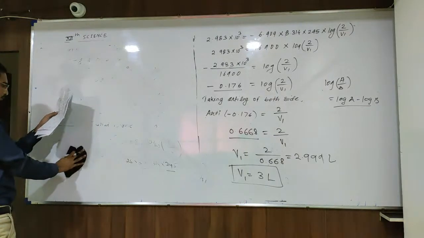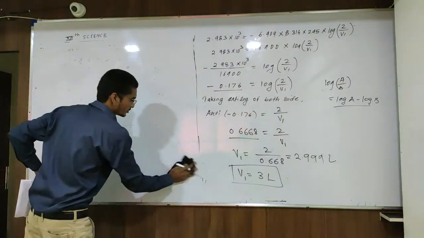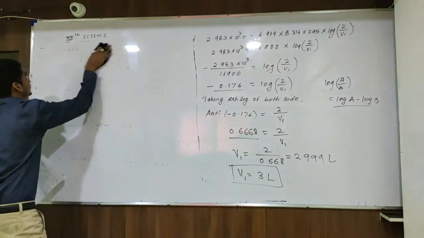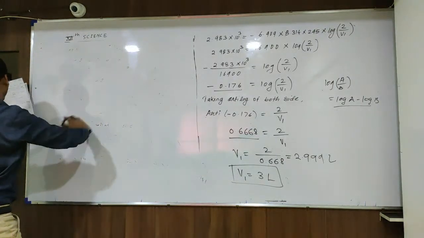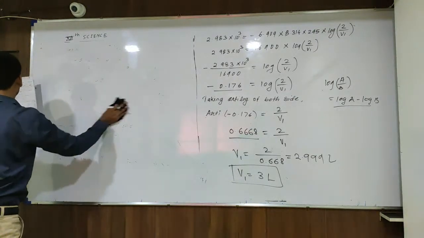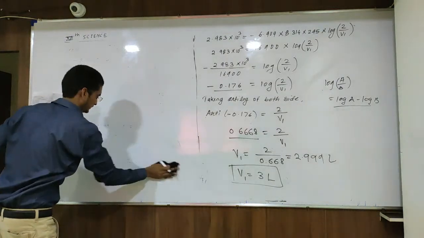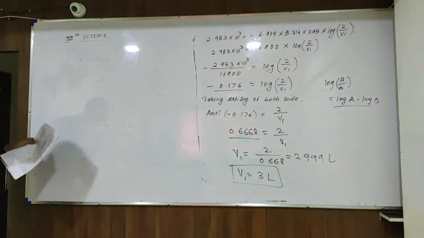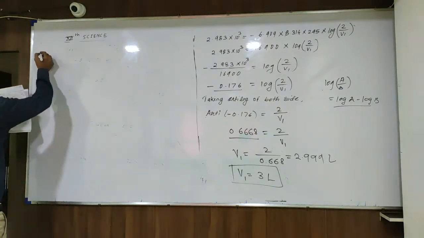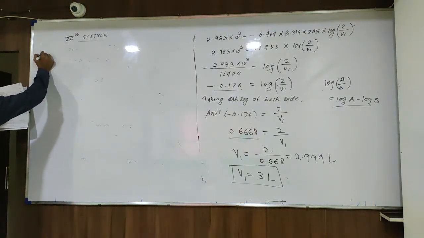Right, 2.8 into 10 raised to minus 2 kg of nitrogen. So do it at home. So what is the problem here?